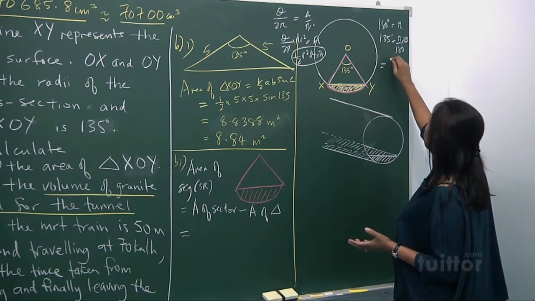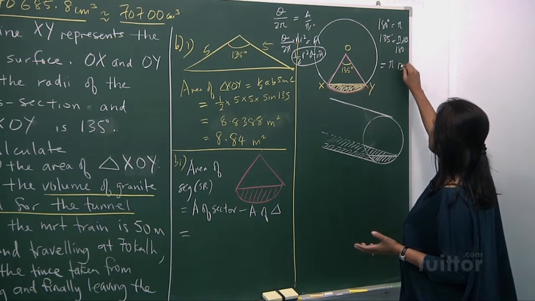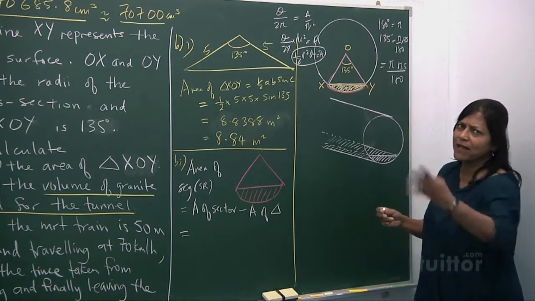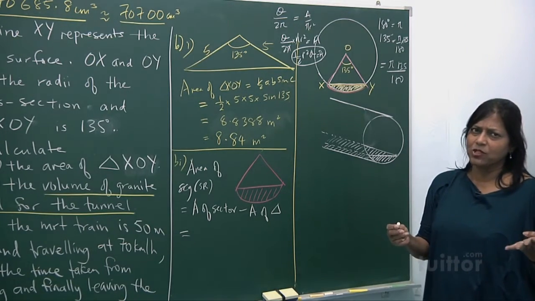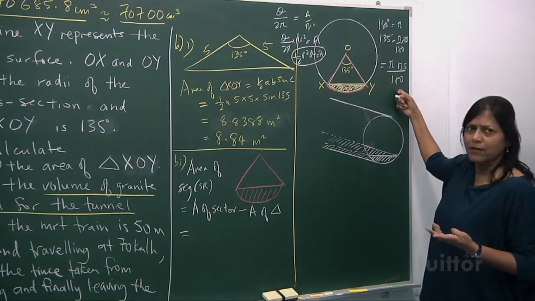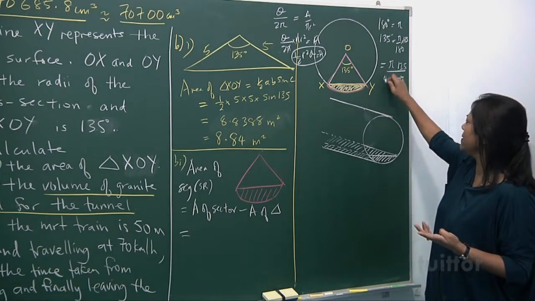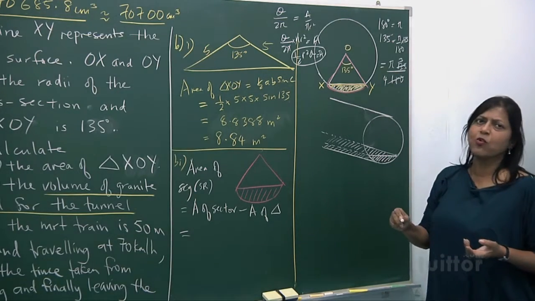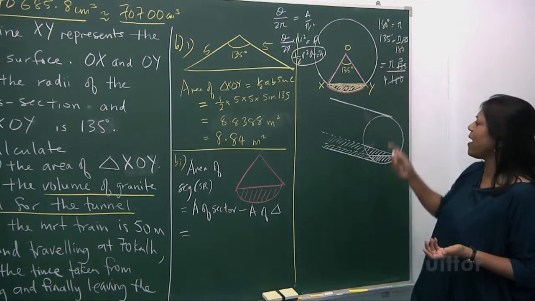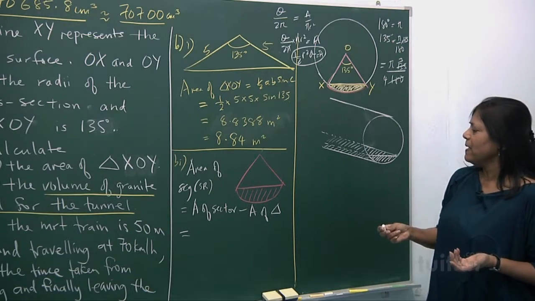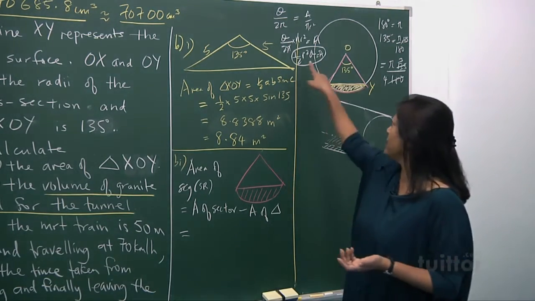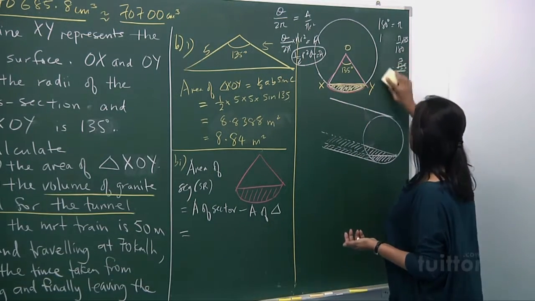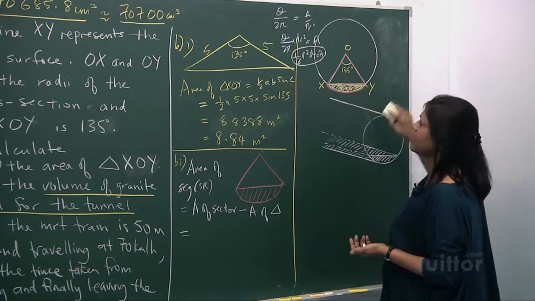Now listen up, you can see that 45 times table, 45 times 2 is 90, 45 times 4 is 180, 45 times 3, you can see it is 3/4 pi. You see 135 degrees is 3/4 pi. So your theta is going to be 3/4 pi.